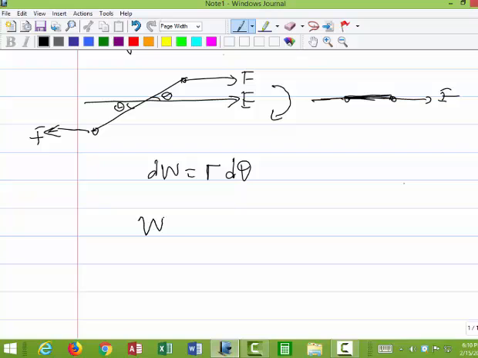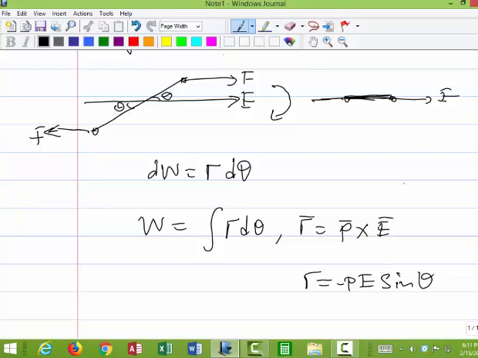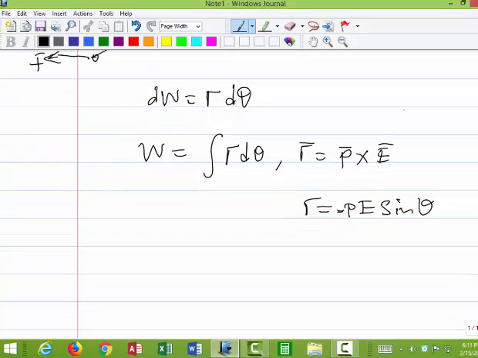So work is equal to the integral of torque d theta, where the torque is equal to P cross E. This is what we had when we did this earlier, some few chapters back. But in your textbook, they put a negative sign in front of it. So in your textbook, the torque becomes negative PE sine theta. Okay, so we can use that approach to do it.